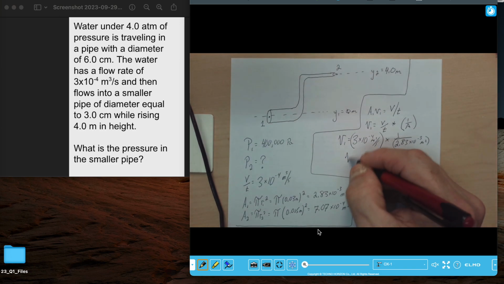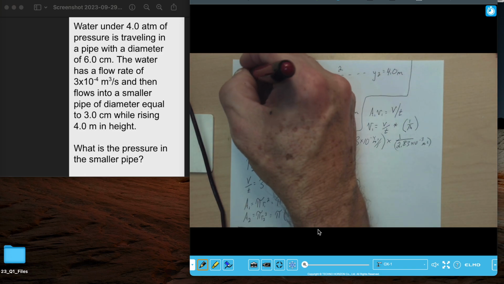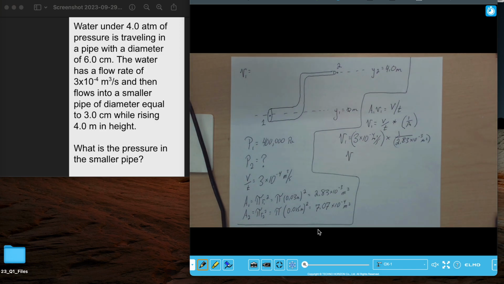Okay. So that'll be the velocity down here, and I'm going to write it down. Maybe I'll write the V's up here. V1 will be equal to something.